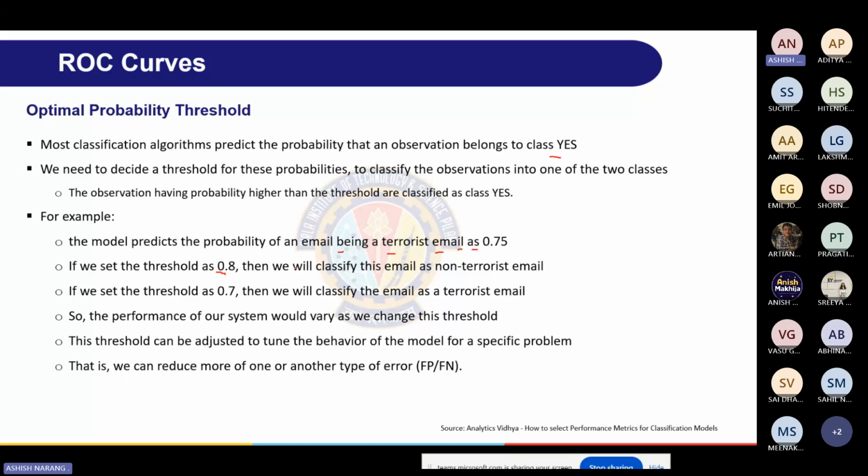Now, if I set the threshold to 0.75, the same email will be classified as a terrorist email. So if I change the threshold, it changes the model outcome. The performance of the model or system varies as we change the threshold.